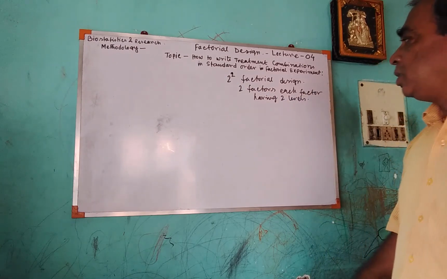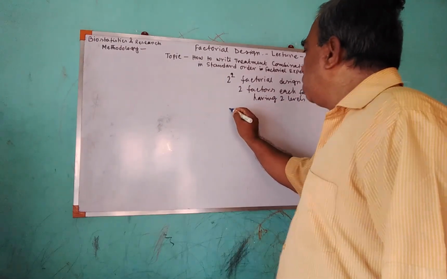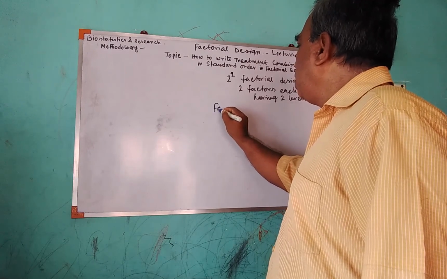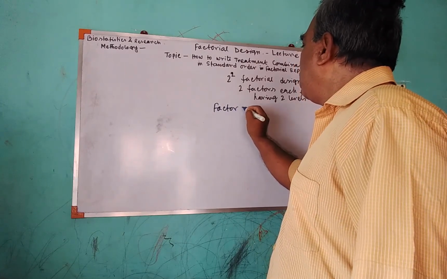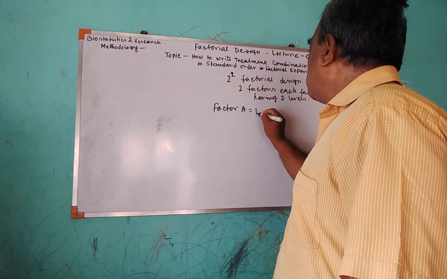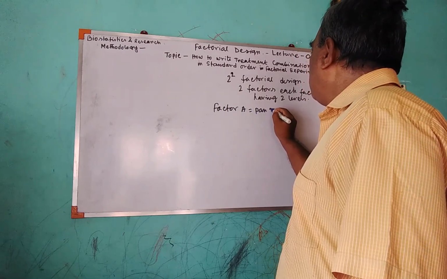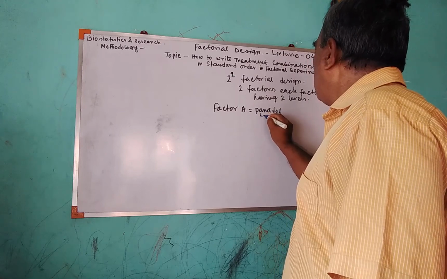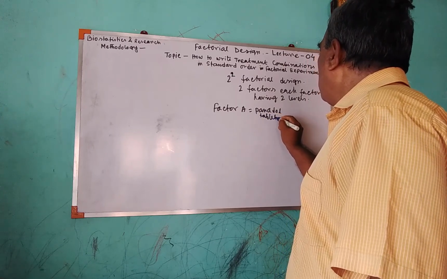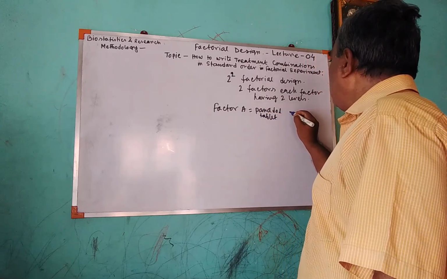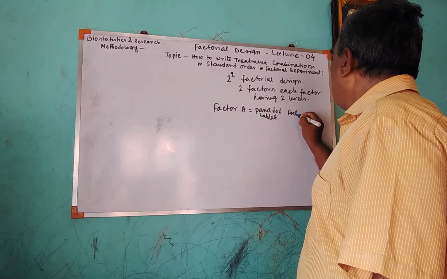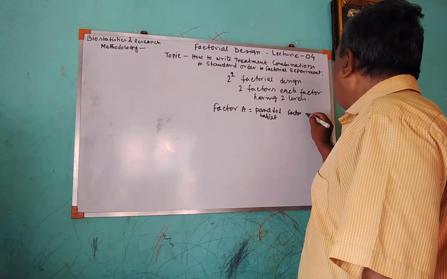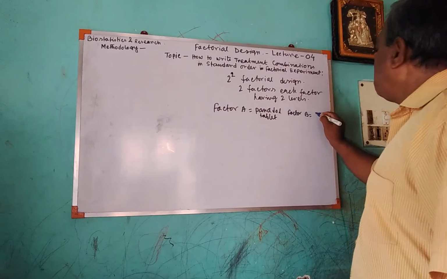Suppose we have two factors: factor A equal to Panadol tablet, and factor B equal to Disprin tablet.